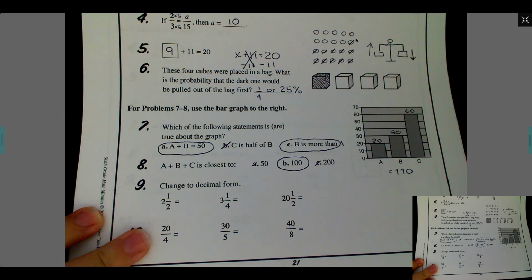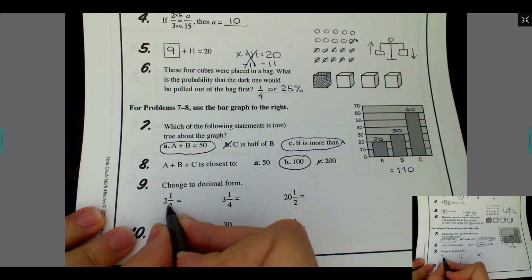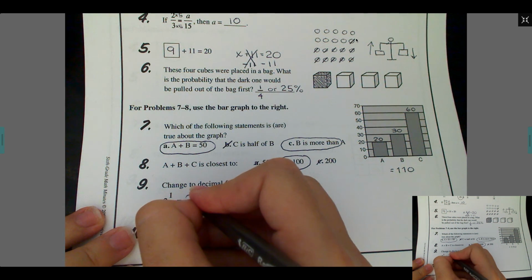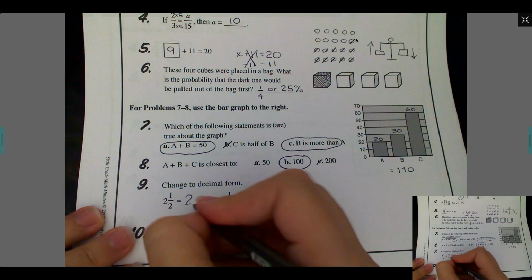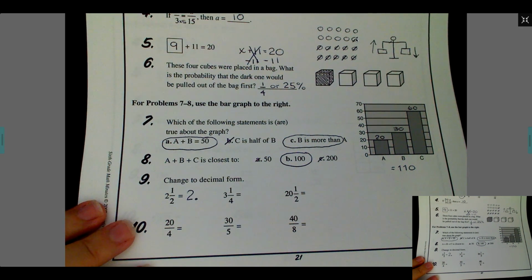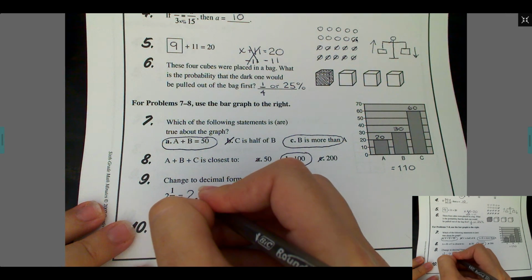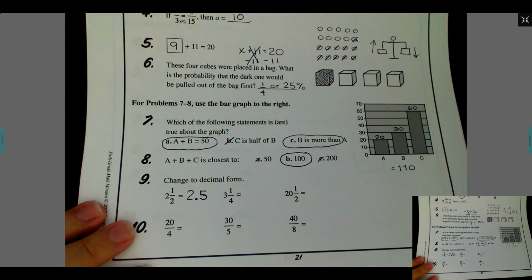Change to decimal form. So I'm going to just read this. I have 2 and a half. 2 is my whole number, and is always represented by a decimal point. 1/2. 1/2 is what we call a benchmark decimal. 1/2 is always represented by 5/10. So 2 and 1/2 is 2 and 5/10. 3 and 1/4.